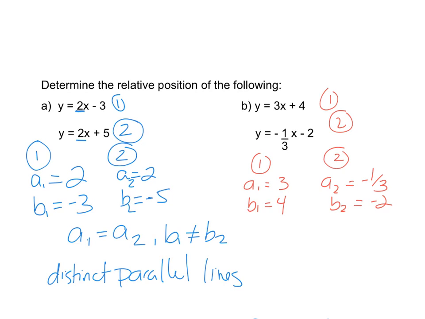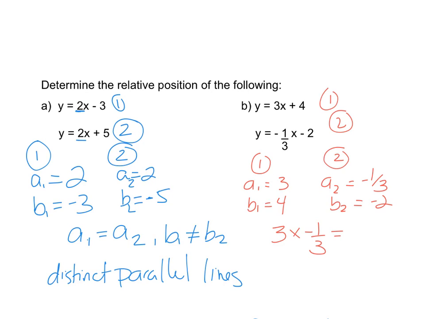Our slopes are different, so it's definitely not parallel. By looking at them, we might think they look like negative reciprocals. We'll just confirm by multiplying them together: 3 times negative 1/3. This is how we properly show our work, how we can prove what we're thinking.